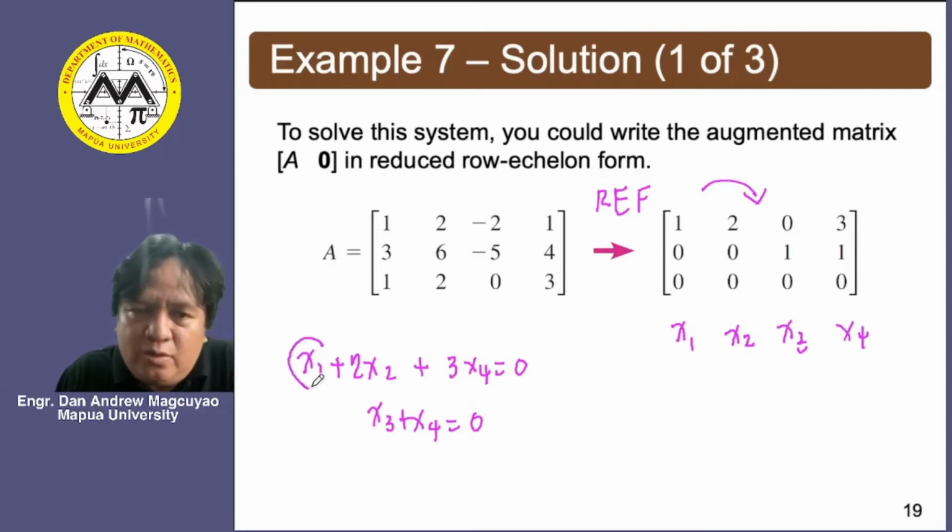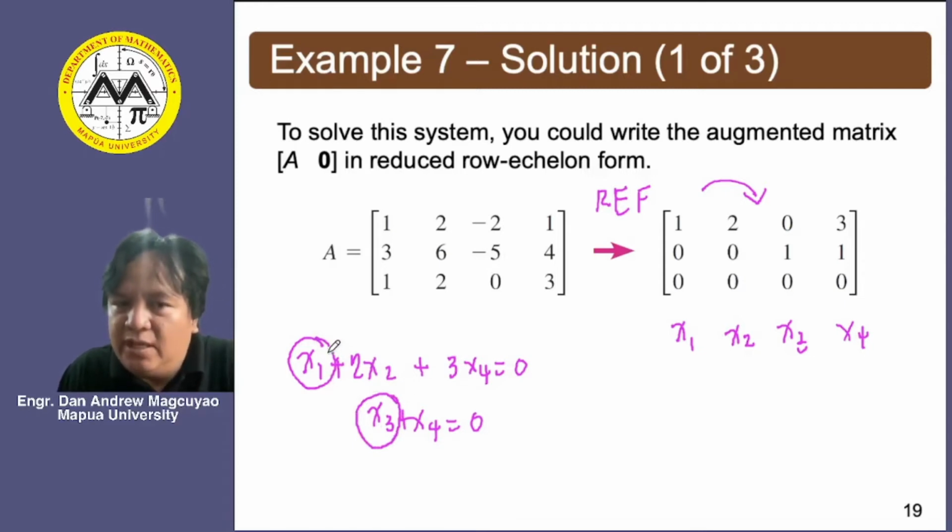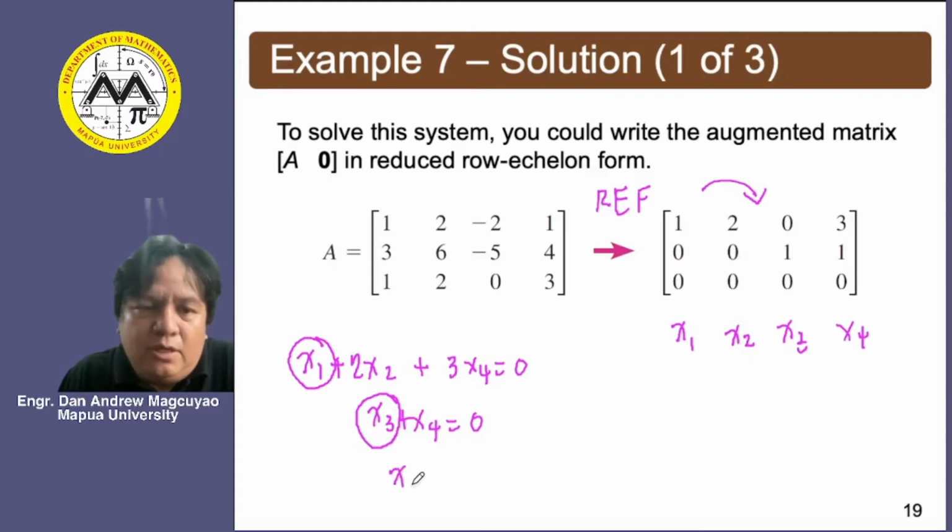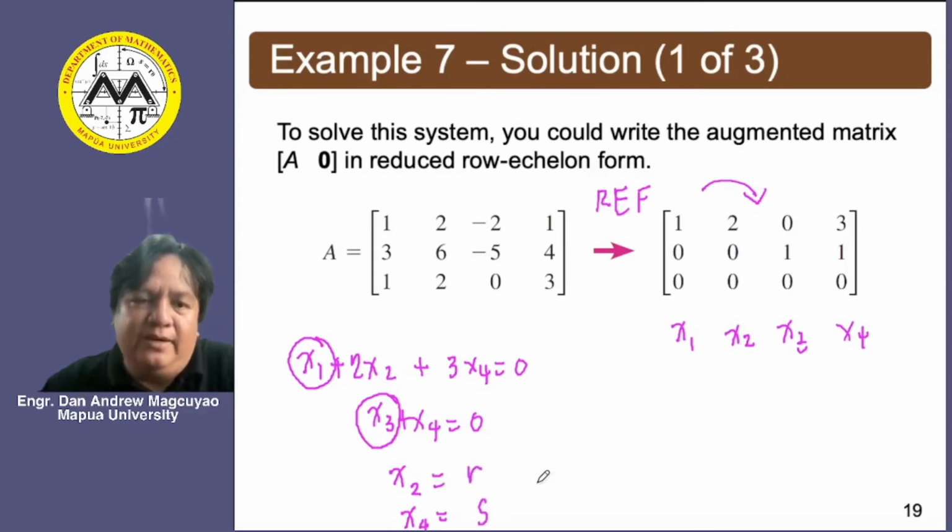We have a leading one for x1. x1 is the leading variable here, and x3 is the leading variable here. We do not have a leading variable for x2 and x4; x2 and x4 did not become leading variables. So x2 and x4 would be r and s respectively.